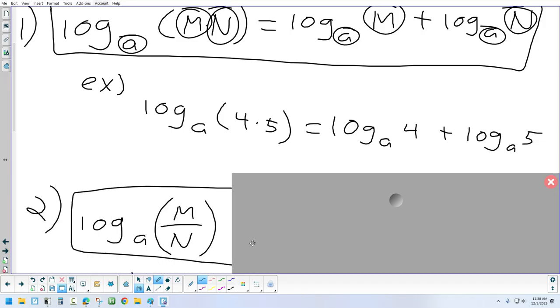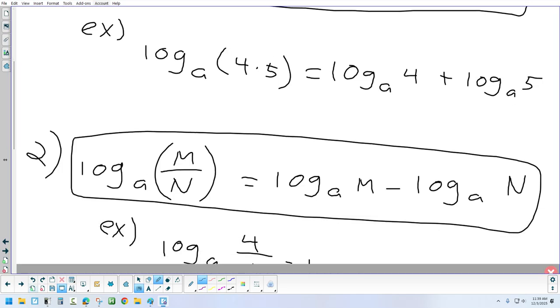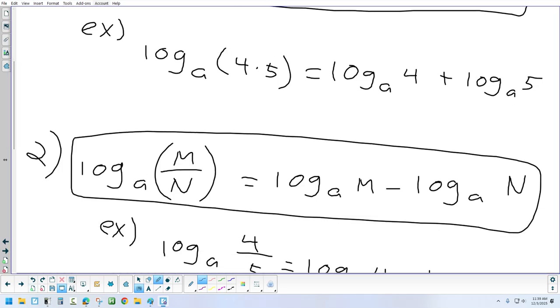For rule 2, instead of a product, we have division. What do you think division is going to turn into when you split it into 2 logs? The difference. Yep. The thing we have to remember about the difference is subtraction is not commutative, so the order is important.